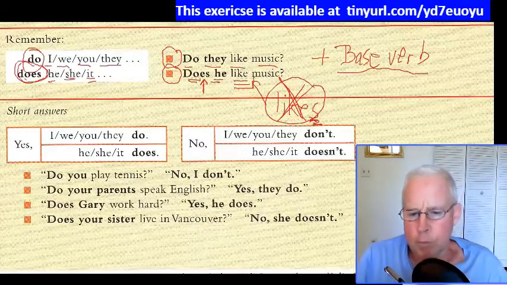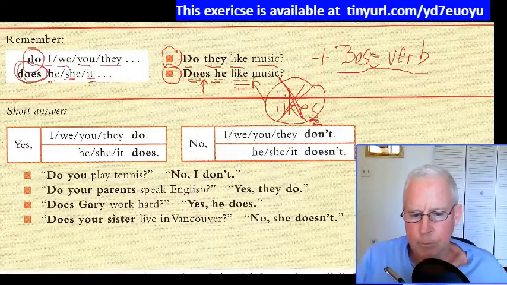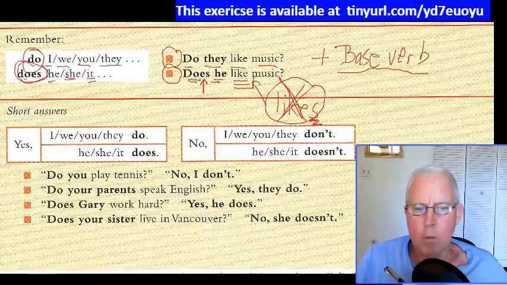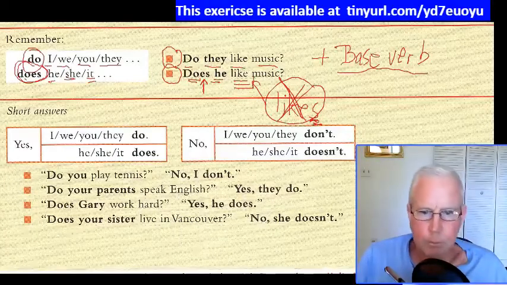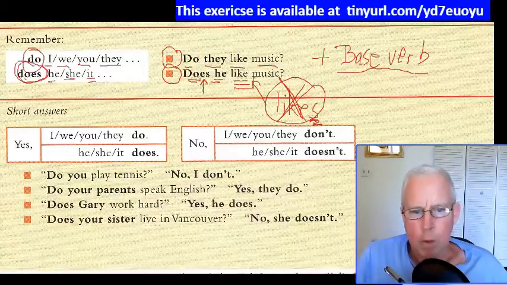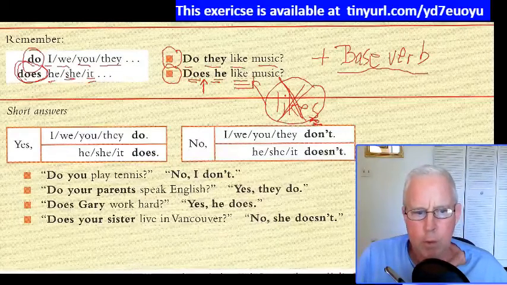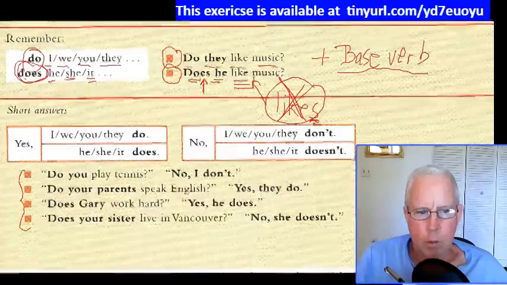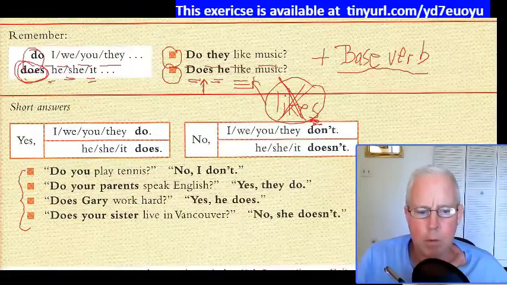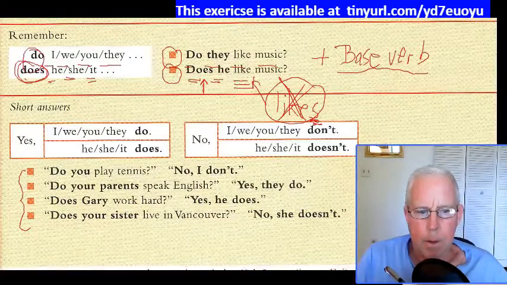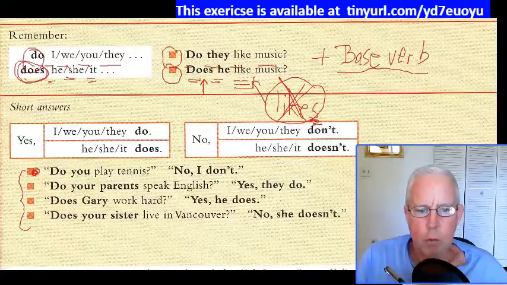Okay, short answers. See if anybody has a question. Short answers, which are very common. So I think I'll start with the examples, and then we'll look at the form second, if you don't mind. So we have, do you play tennis?